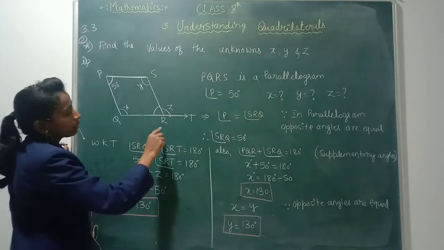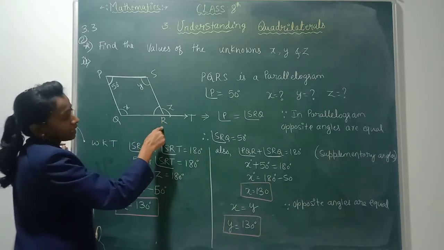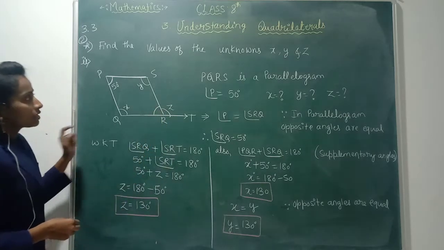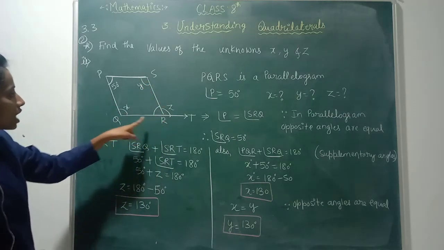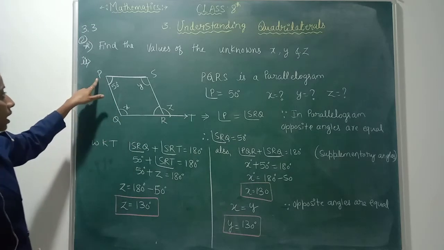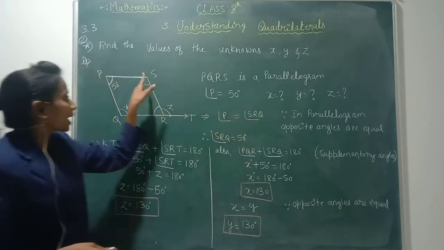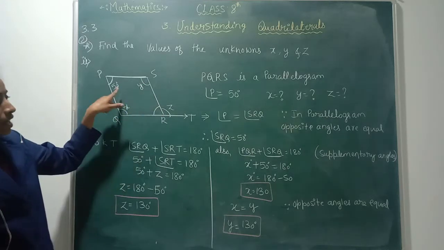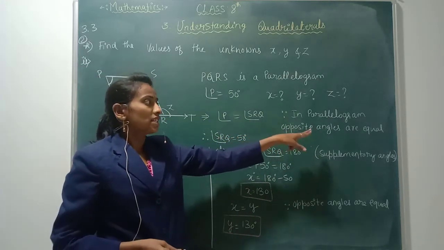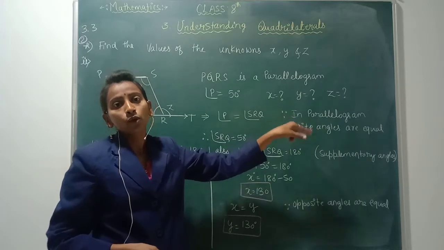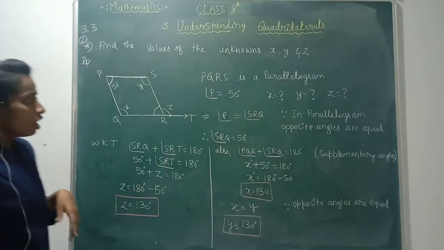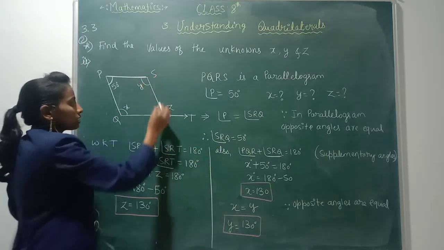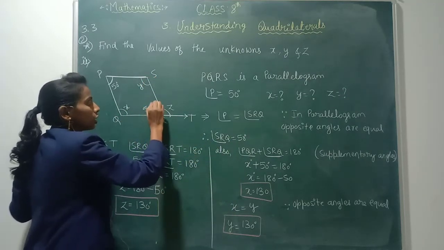I am not saying only angle R, because it is divided into 2 angles, so that's why I have taken SRQ. Angle P is equal to angle SRQ. These are equal because in a parallelogram opposite angles are equal, that we have proved in our property. So SRQ becomes 50.